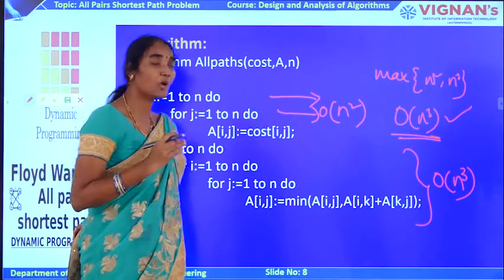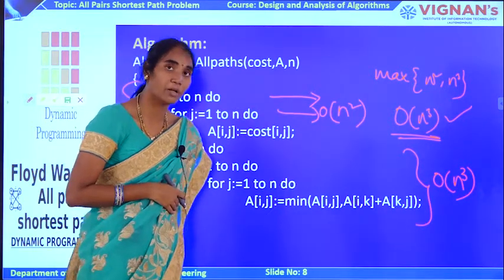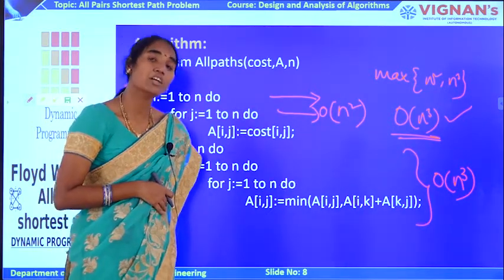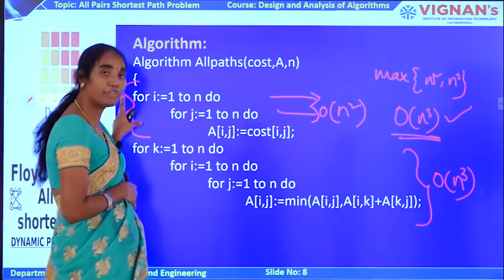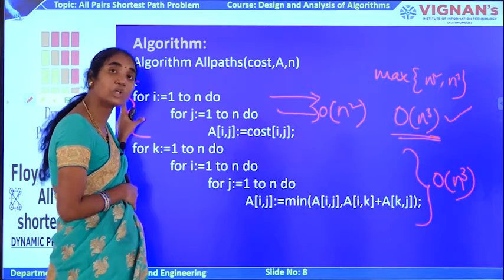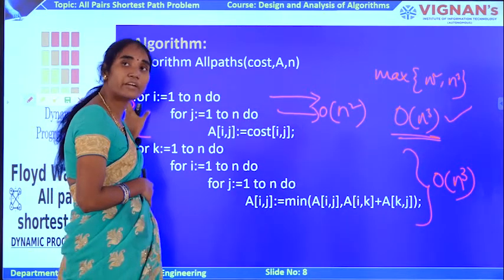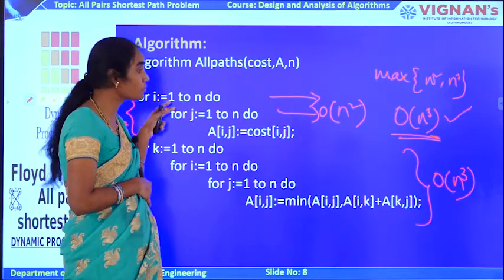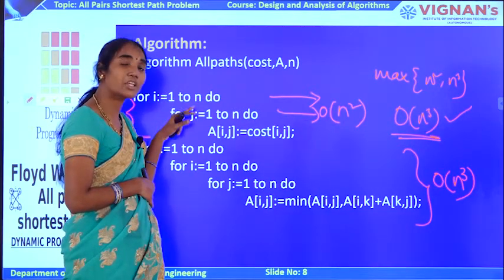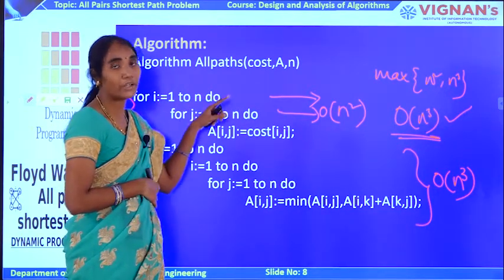So the time complexity for the APSP problem or Floyd-Warshall algorithm is big O of n cube, because in the first step I copy the cost adjacency matrix into A. To copy this I require two for loops, which can be executed within big O of n square time.